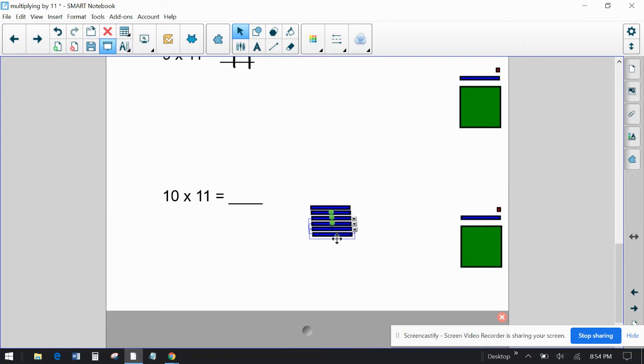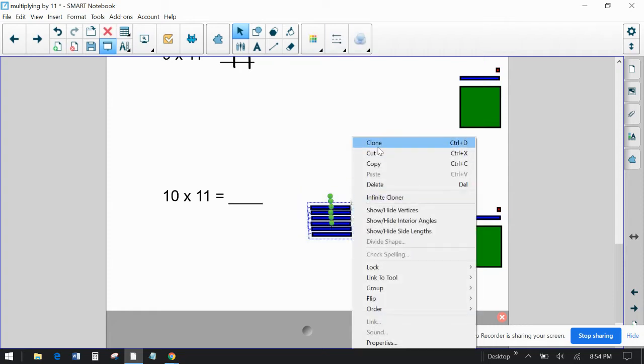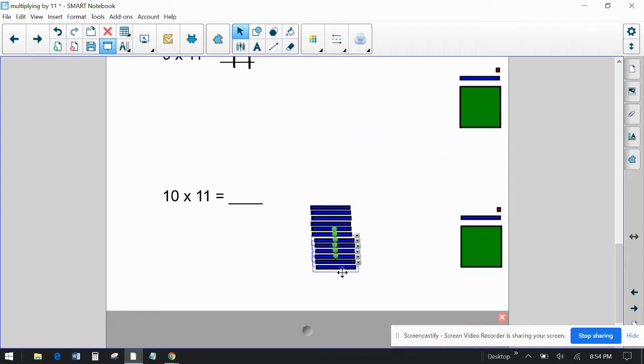But I want to show what that looks like from the 11's perspective, the way we've been doing these arrays. So I'm going to build this one. I think I have, let's see, how many do I have? 1, 2, 3, 4, 5, 6, 7, 8, 9, 10. I think I have too many.